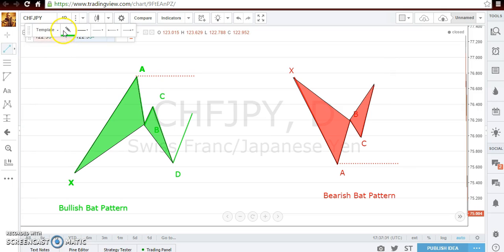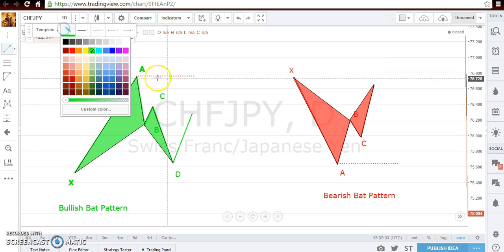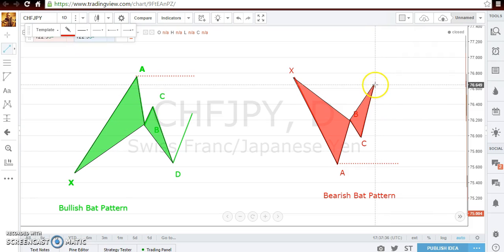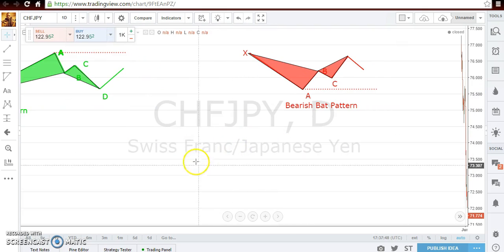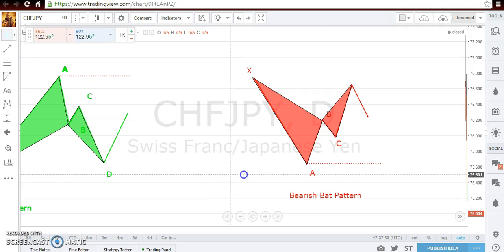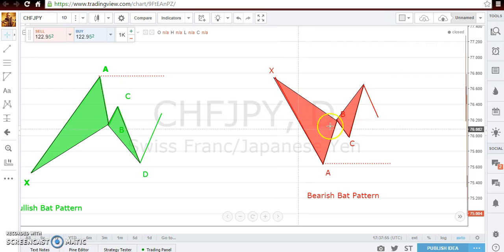And if it's a bearish bat pattern, as a trader, you would be looking to sell at that point, because the probability of the market reversing at the 886 retracement is about 60% of the time. So you've got a good percentage that the market is likely to come into this area. If it's a bearish bat pattern, you would be expecting the market to reverse and go back down, so as a trader you would be preparing to sell at that point.